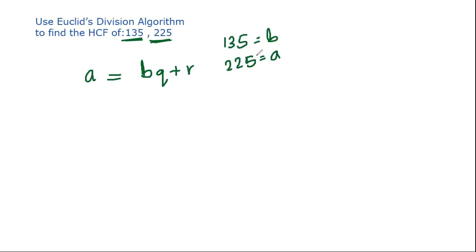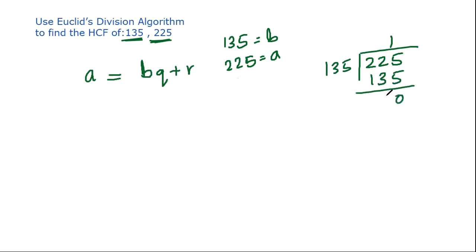Let's divide 225 by 135. We will get 1 as the quotient, and 135 is there, and the remaining is 90.